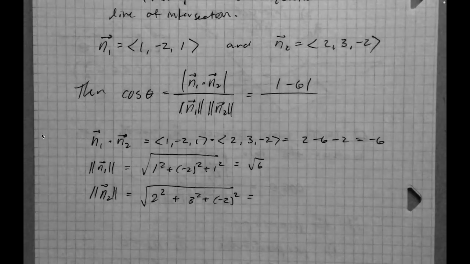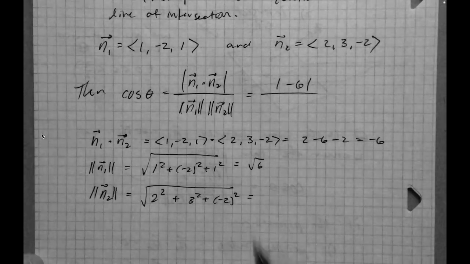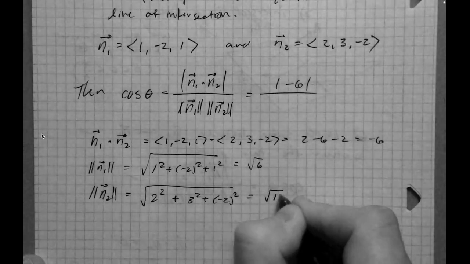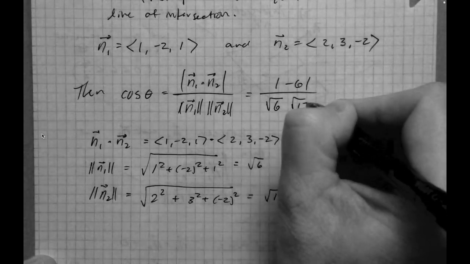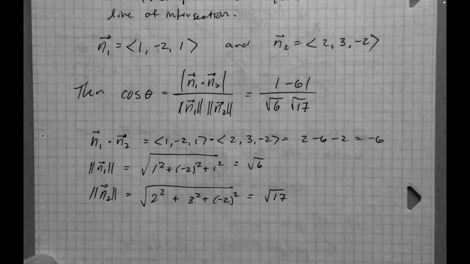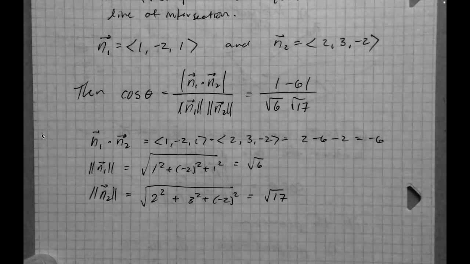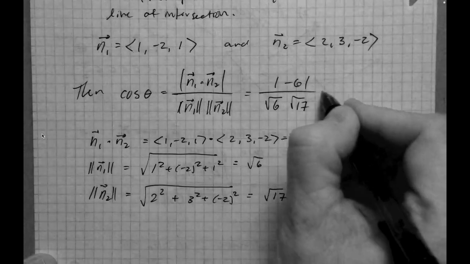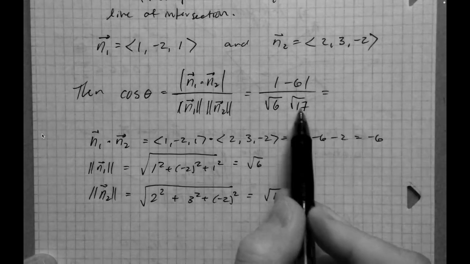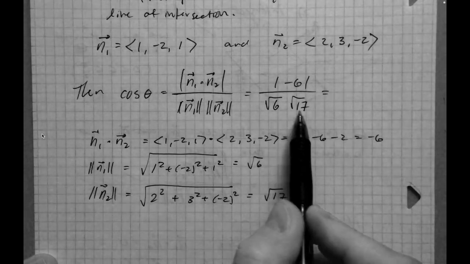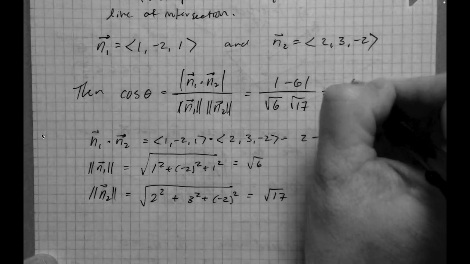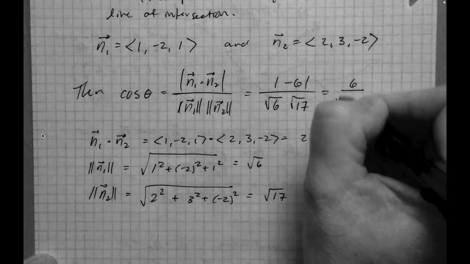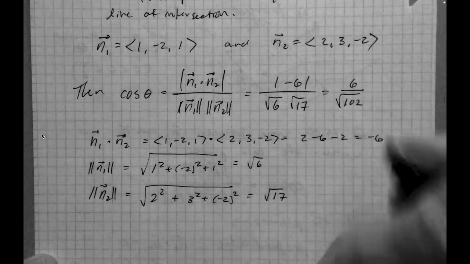And so that's 9 plus 4 plus 4, so that would be the square root of 17. And so those can go in here as well. And then away you go. So 17 times 6, so 6 times 7 is 42, so that's 102. And so this would be 6 over the square root of 102.